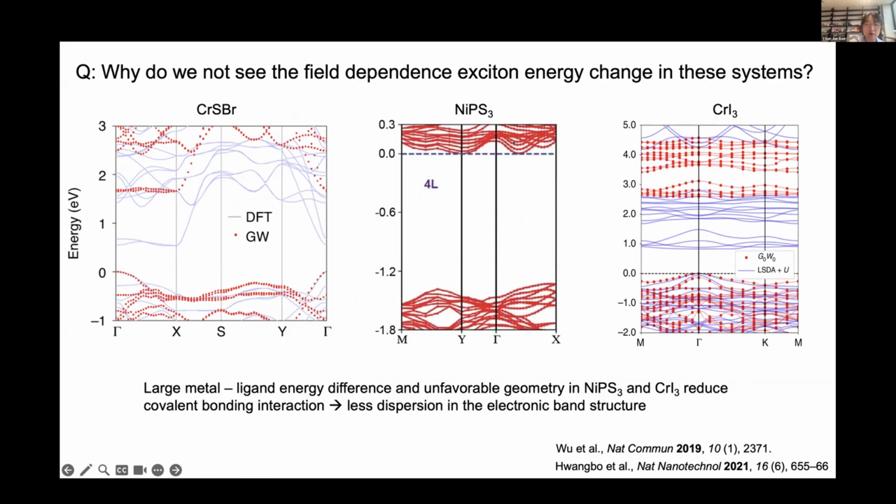So the bands are quite flat. If you look at the geometry of the bonding, the ligand-to-metal energy was not as resonant, and the geometry also prevents them from having a more bonding interaction. So there's essentially less dispersion in the band structures.